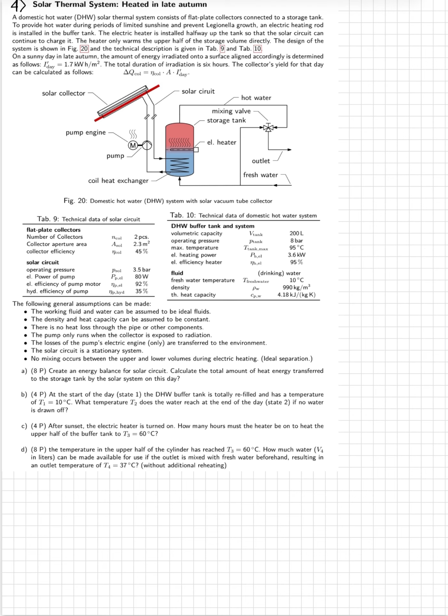Okay. So now I am going to start the solution of the first part. They ask to create an energy balance for the circuit and calculate the total amount of heat energy transferred to the storage tank by the solar system on this day.